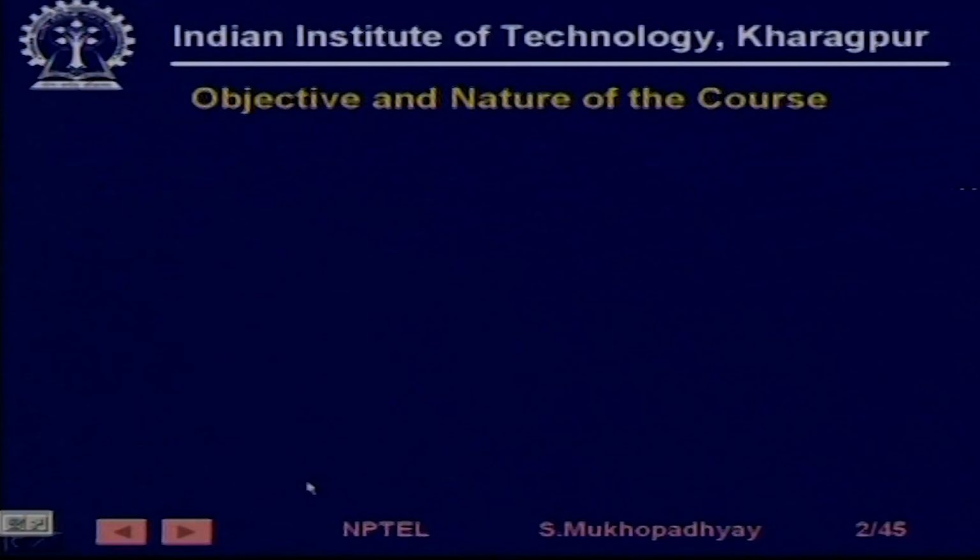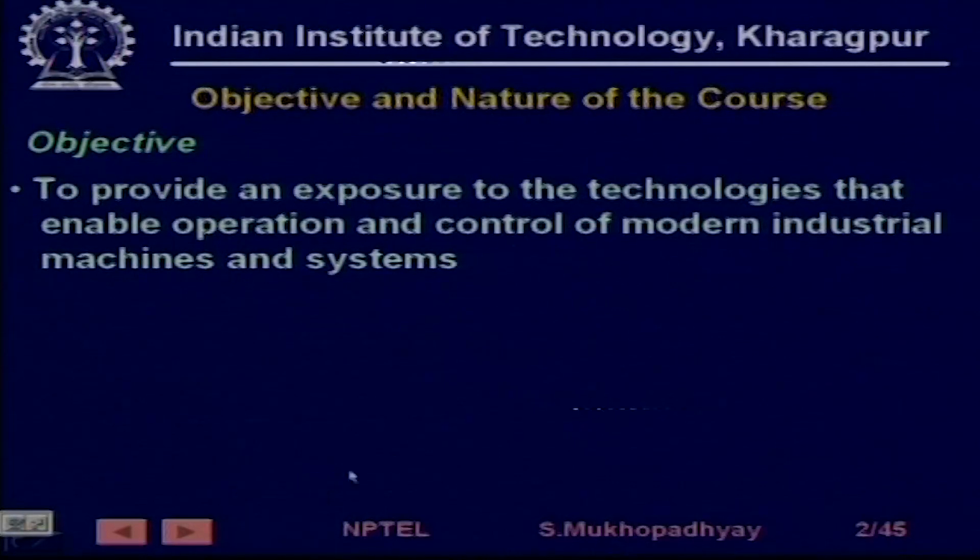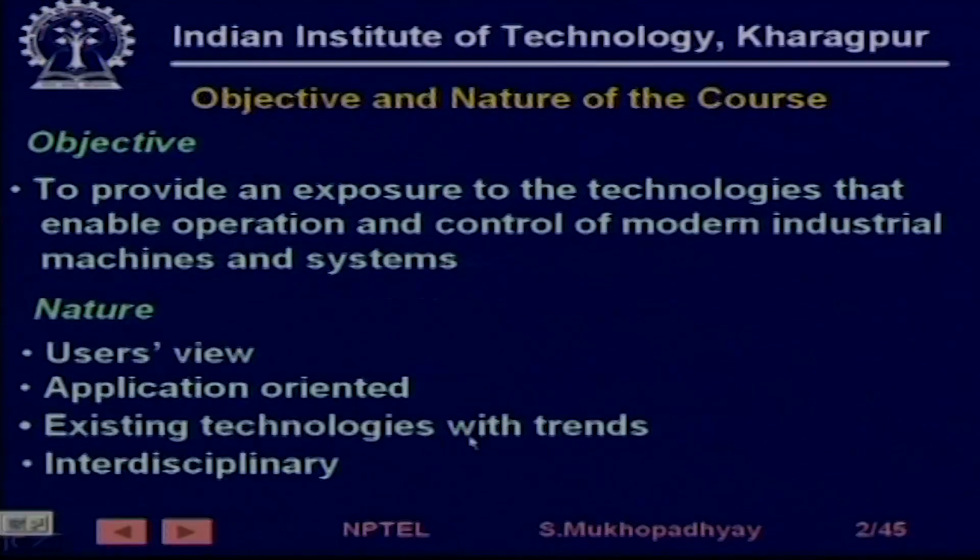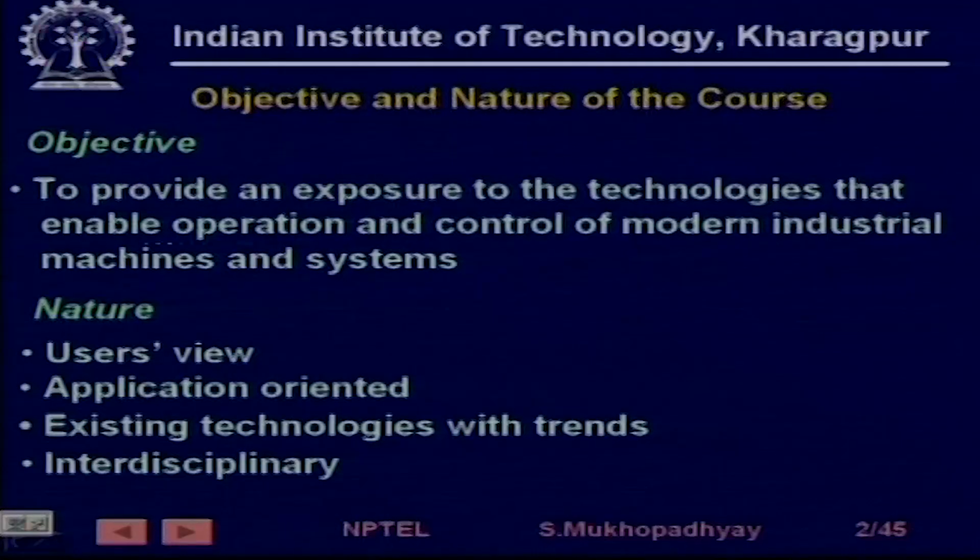So, let us recall the objective and nature of the course as we had stated it in lesson number 1. So, the objective is to provide an exposure to the technologies that enable operation and control of modern industrial machines and systems.